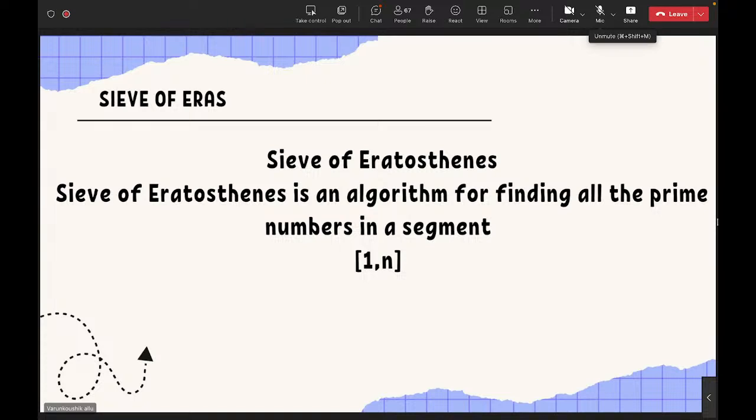Few questions are very easy to brute force, but actually they are very tough when you know the actual algorithms. The Sieve of Eratosthenes is one of them, an optimization technique to find prime numbers. We'll see how this works with a figure so that we get clarity on how to write the implementation.